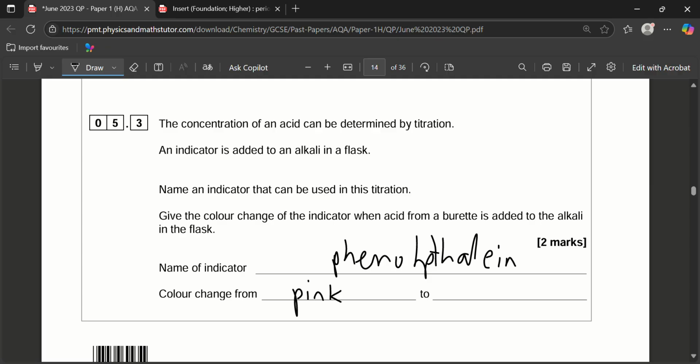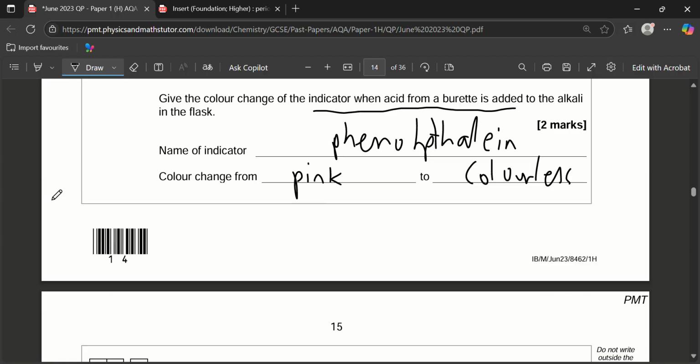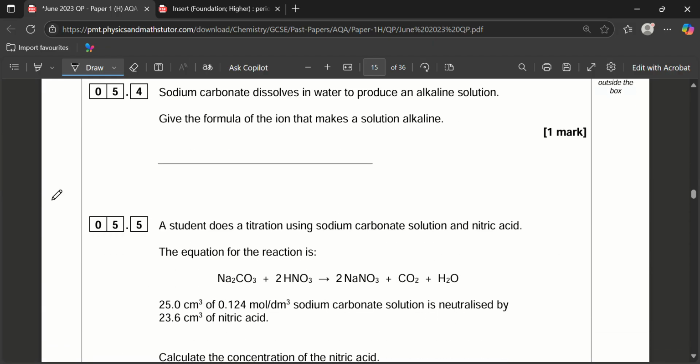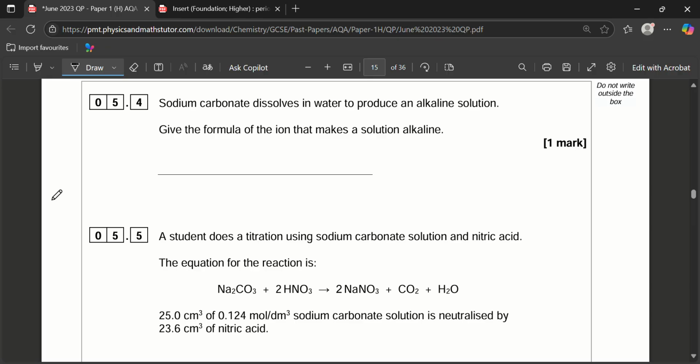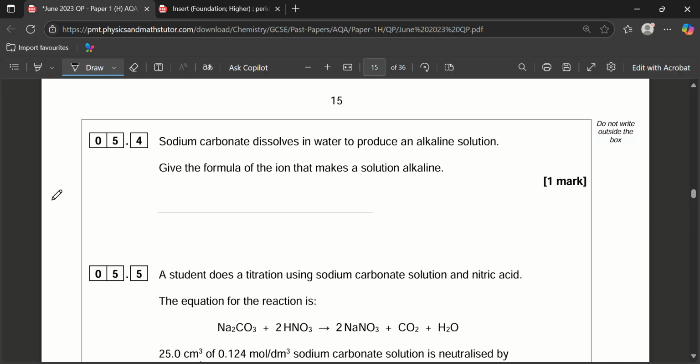Color change from pink to colorless, I believe, when it becomes more acidic. And since we're adding an acid, yeah, it'll change from pink to colorless, I believe. It's just one of those things that you have to remember.